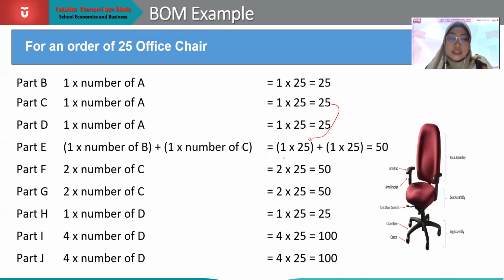And for E for C, to make component A, you need 1 times C. So to make 25 office chairs, you need 50 units of component E, which is 25 for B and 25 for C.